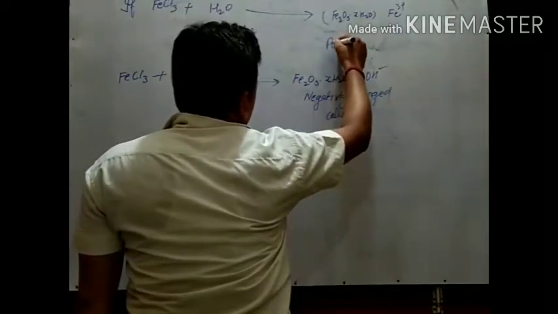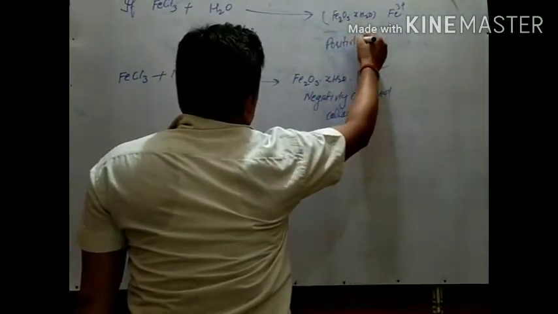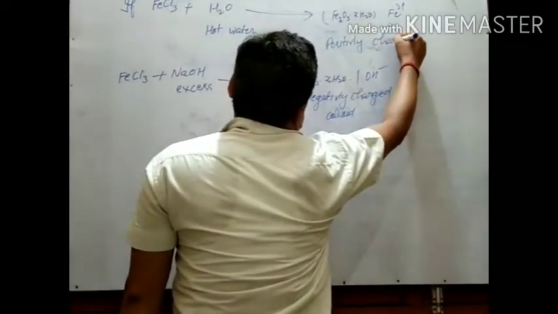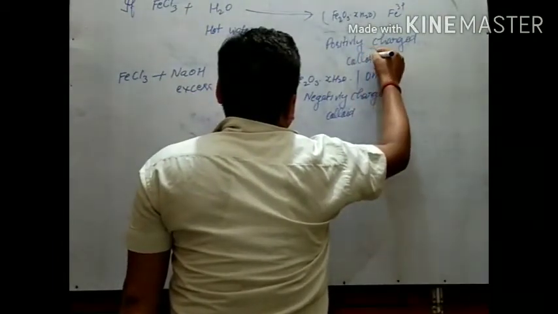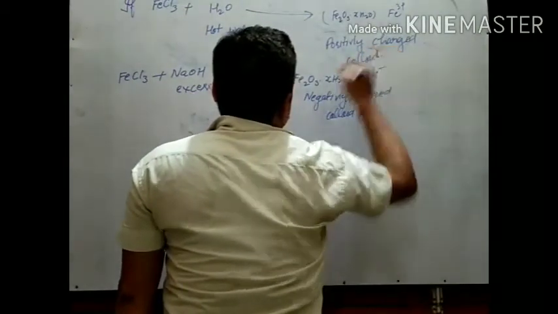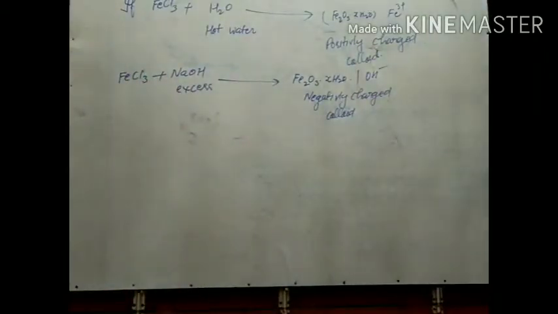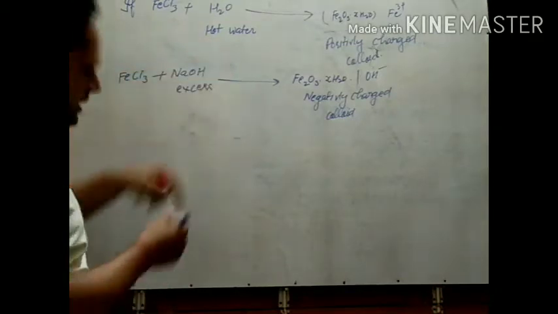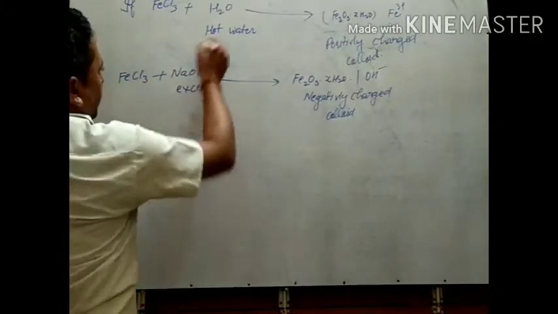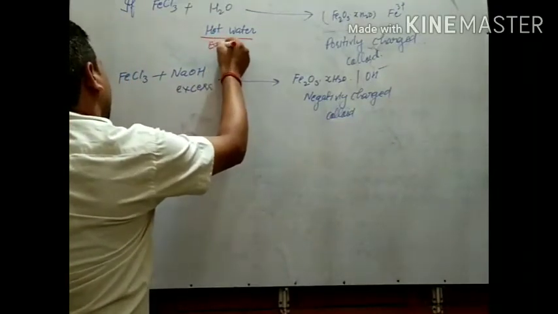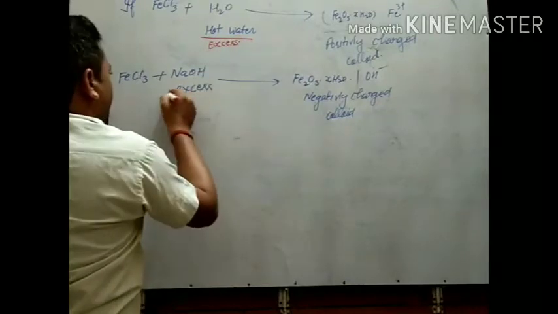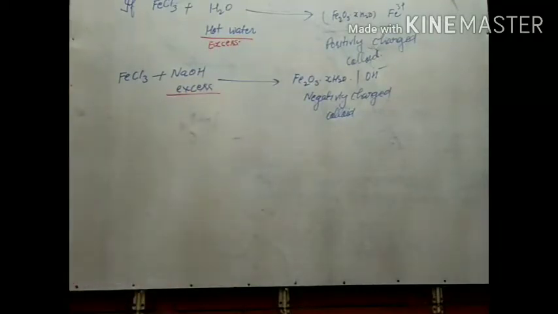What we have seen here: if FeCl3 is added to hot water, it forms a positively charged colloid. And if FeCl3 is added to NaOH in excess, it forms a negatively charged colloid.